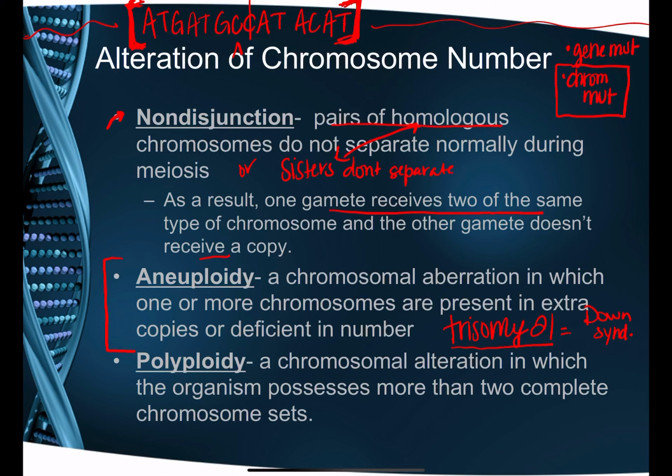Okay. Now, the next thing I want to talk about is polyploidy. Polyploidy is important in plants. We don't see polyploidy in humans, okay? But we do see polyploidy in plants. Polyploidy is when they have a whole extra set of chromosomes, right?